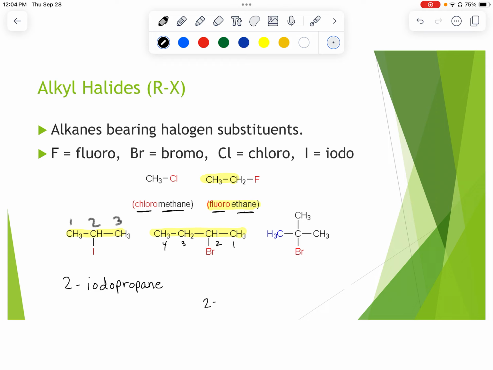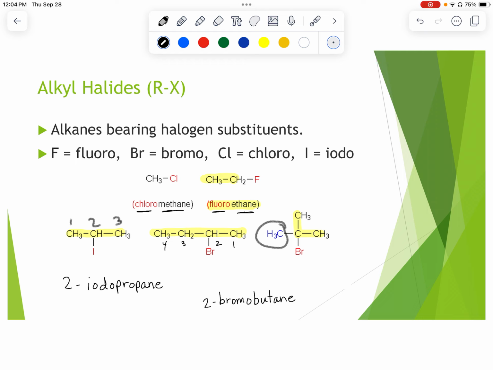So this is a 2-bromo, and then it's 4 carbons. So this is a 2-bromobutane. And then this one, the way that they've shown it here is 1, 2, 3. And off of this group here, we have a methyl.